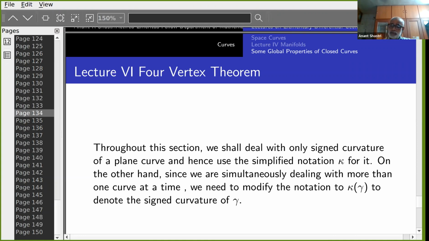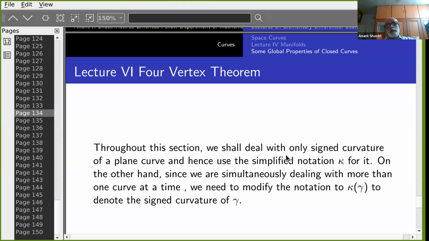The book states and gives a proof of the result, which I am going to generalize here and give you a general proof. So I will also tell you the historical background of this one. So let us begin.